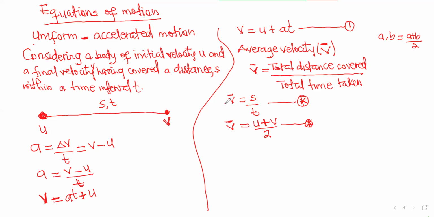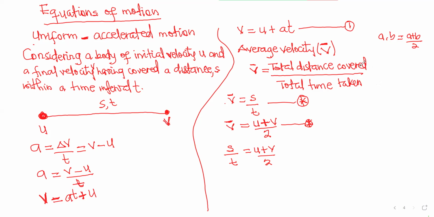So if this is average velocity and this is also an average velocity, then I can equate total distance over total time to u plus v over 2, because they are all average velocities. Class, are we fine here? Yes. So we are looking at two different ways of determining average velocity.